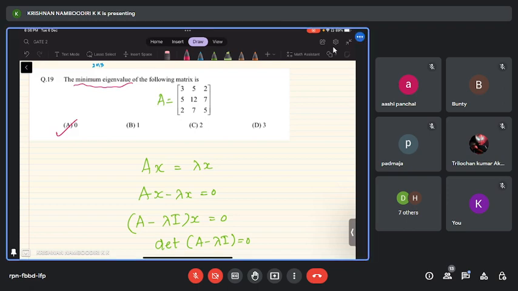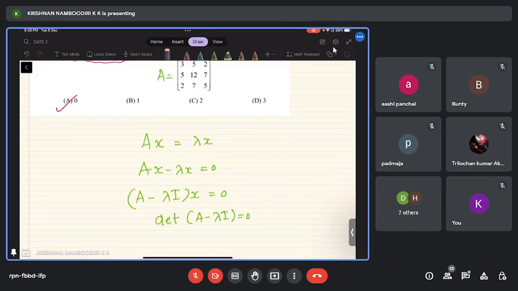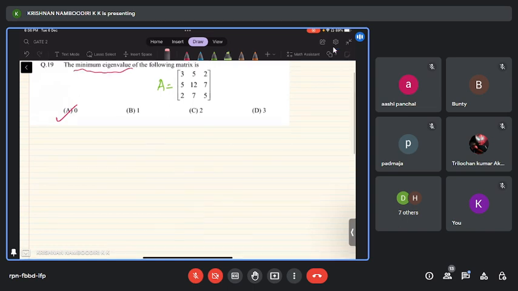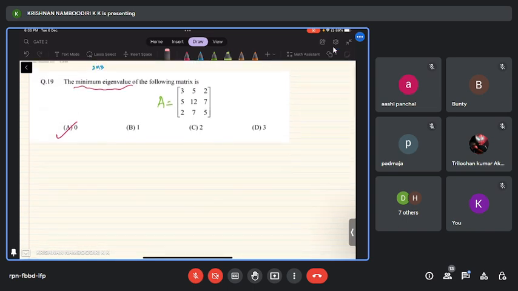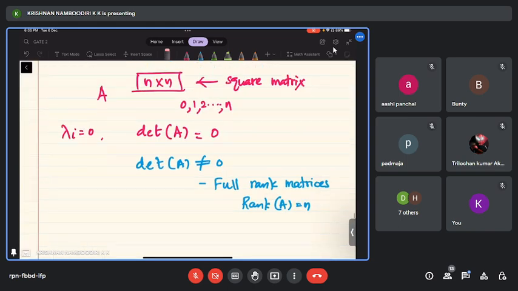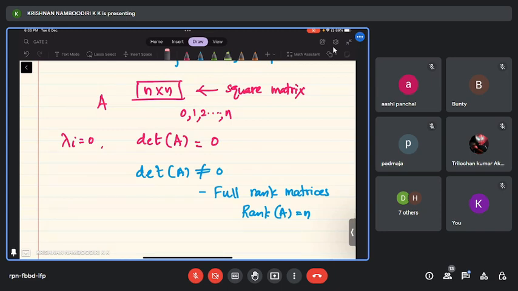So now, what does it mean that 0 is an eigenvalue? It's a rank deficient matrix, right? If 0 is an eigenvalue, then it's a rank deficient matrix. You can see here, correct? If the determinant of A is 0, that's a rank deficient matrix.